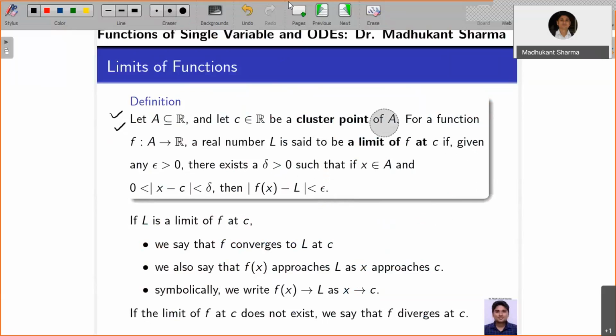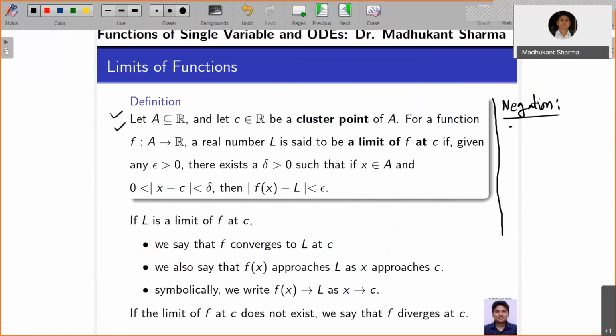So what will be the possible negation of this statement? If I want to write the negation of it, it is as follows.